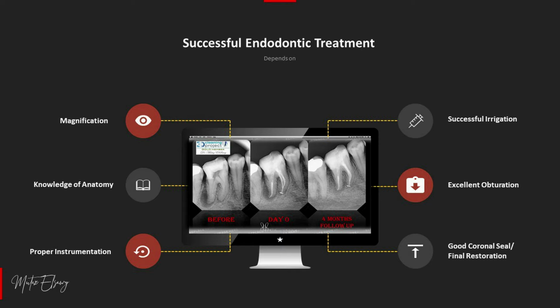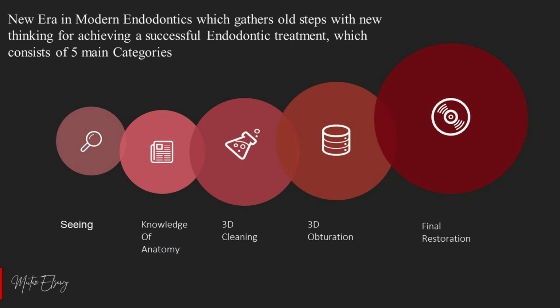While the overall long-term goal is the placement of a definitive, clinically successful restoration and preservation of the tooth. 3D thinking is a new era in modern endodontics, which gathers all steps with new thinking for achieving a successful endodontic treatment, which consists of 5 main categories.